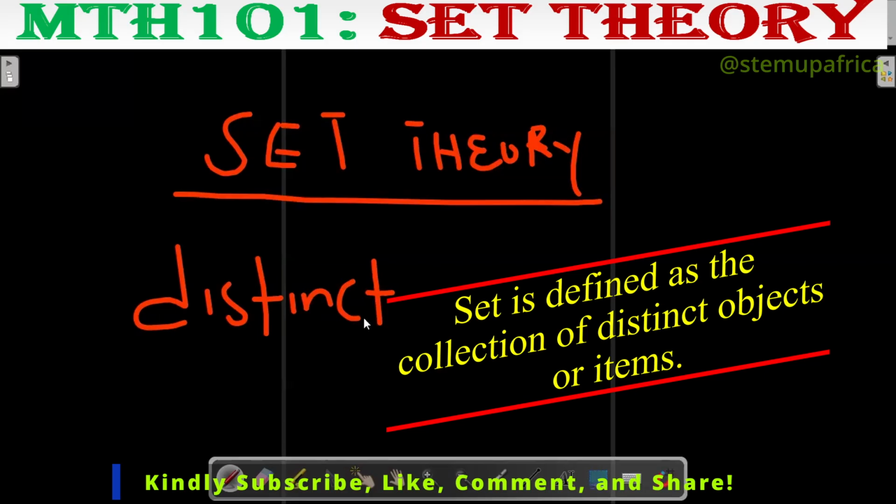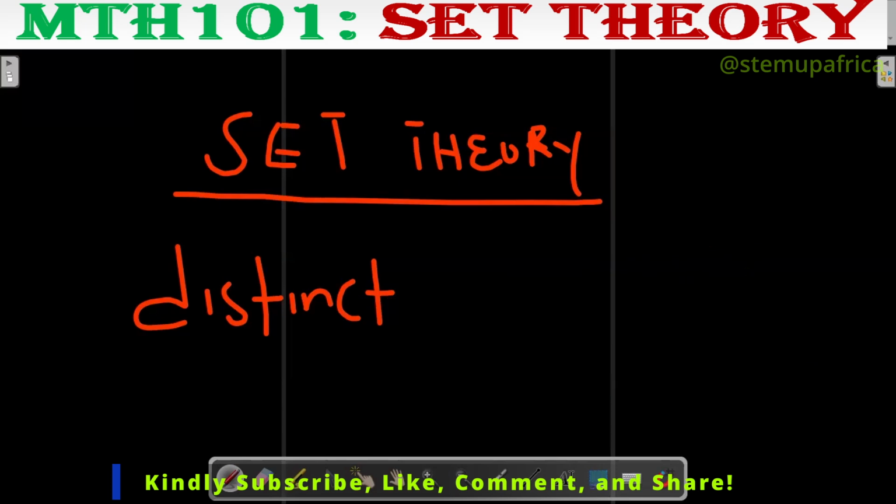Okay. That is set. So examples of set, we have set of cups. Those are examples of a set. So you can write them down. Examples include set of cups, set of spoons, set of pots, set of plates.